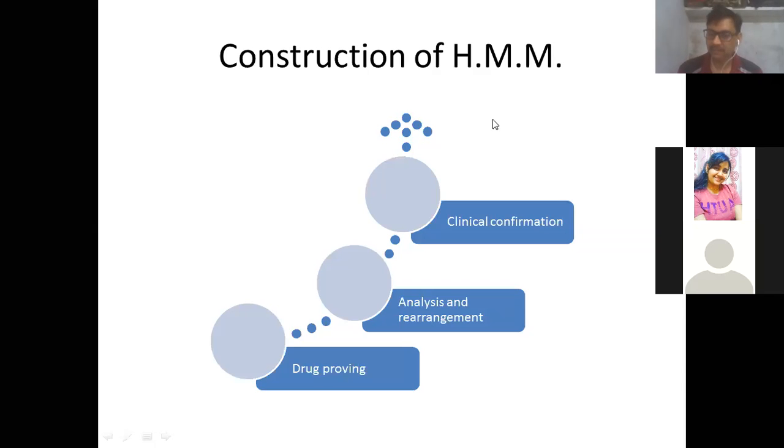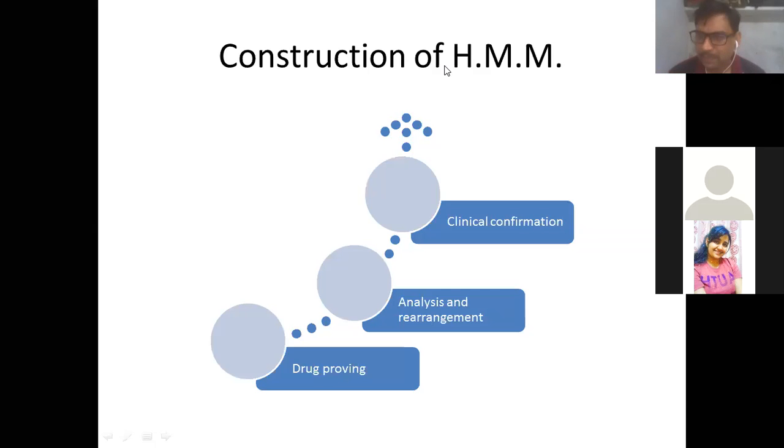That is one analysis, and another is the rearrangement. Whatever symptoms are recorded are rearranged according to the areas they came from.